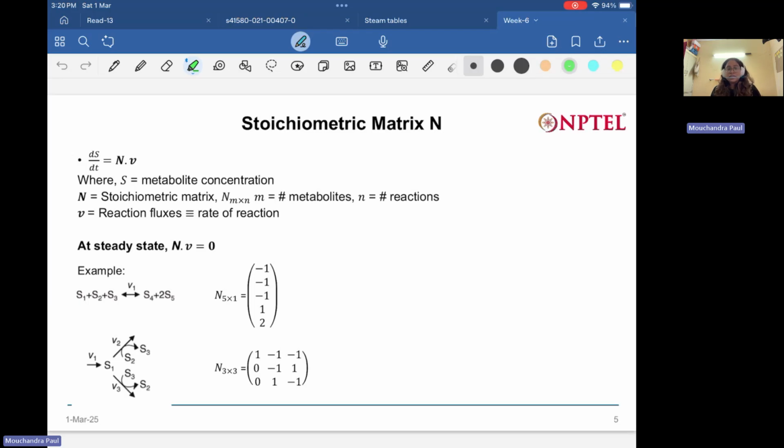So in that case, we can write a simple material balance equation or a flux equation first.